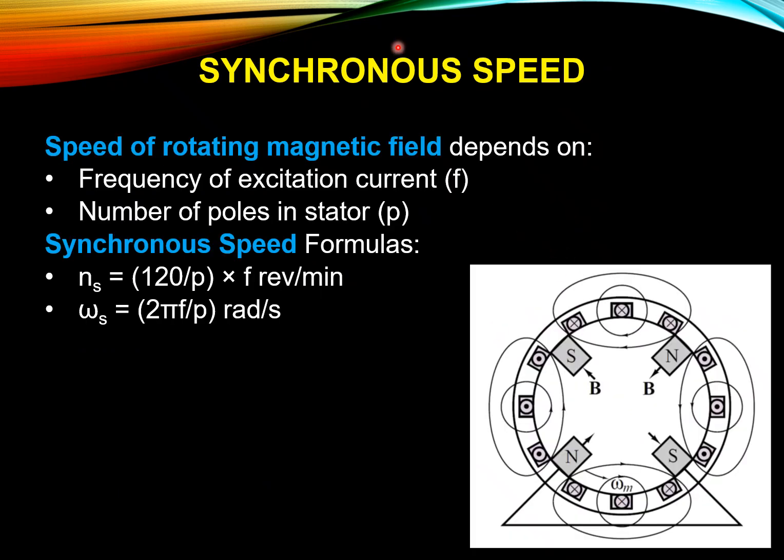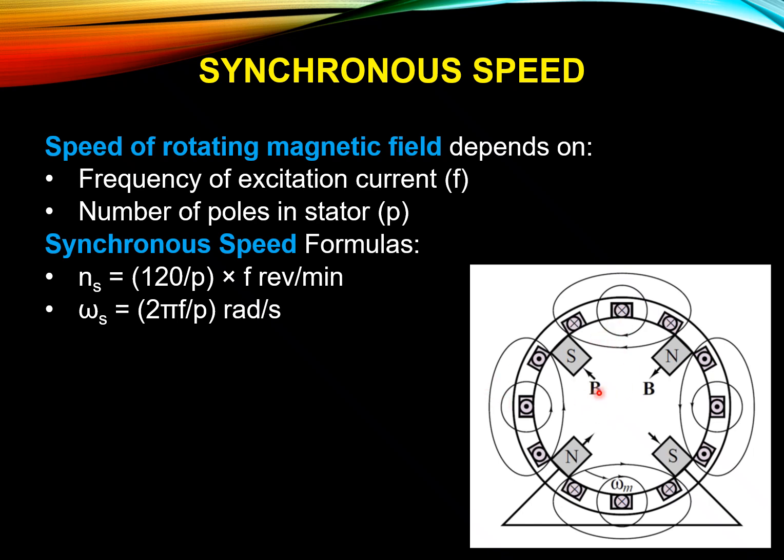And the synchronous speed. The speed of the rotating magnetic field depends on the excitation current frequency and the number of poles in the stator. Previously we have seen that the more poles, the lower the speed, because you need to keep on switching. You need to make this one green, then make the other part red.